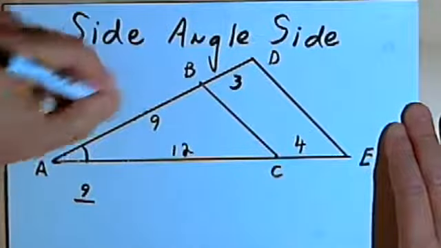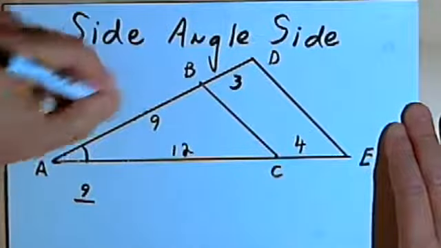And now I'll take the other pair of corresponding sides. That would be AC and AE. The ratio of their sides is going to be 12, that's AC, and 12 plus 4 more for the length of AE. So I've got a ratio here, 9/12, and I want to see if that's equal to 12/16.